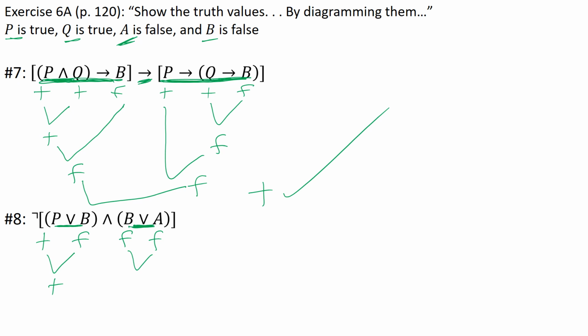Both are false, so that is a false disjunction. Now we have a conjunction, but one value is false, so there's a false conjunction. Now we'll apply the negation. If false is not the case, then we have a value of true. So overall, number 8 is true.